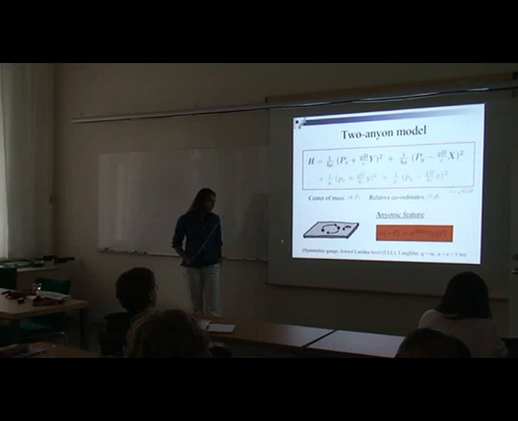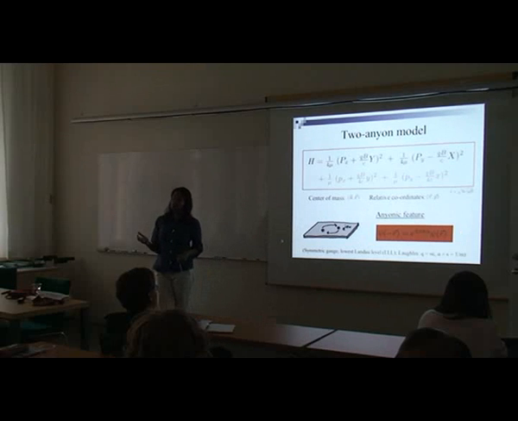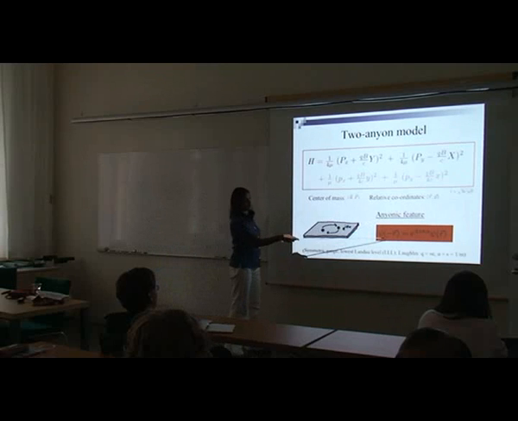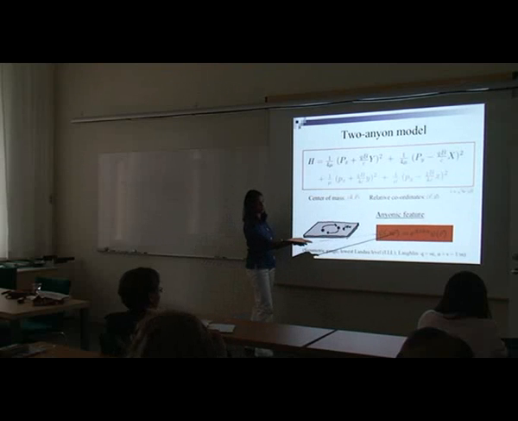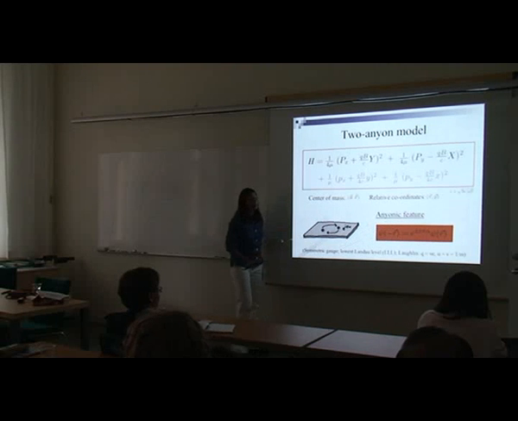Okay, so now the question is, where do you bring the fractional statistics into this? This is put in as a boundary condition for the wave function. So when the two particles, 1 and 2, exchange coordinates, that's the same as taking r to minus r, and so you pick up this fractional phase here.